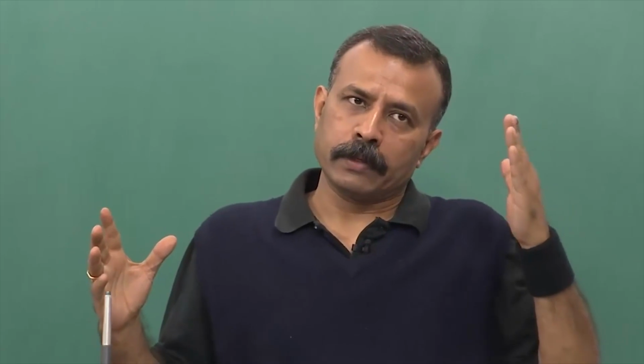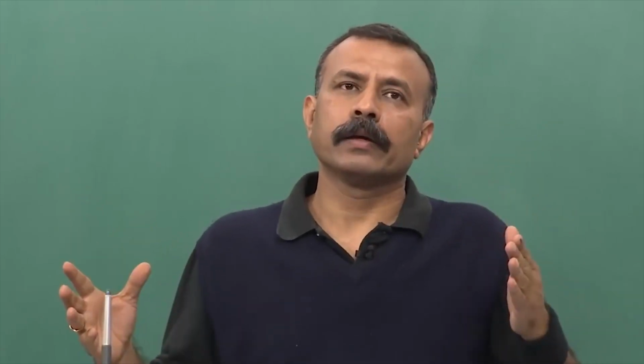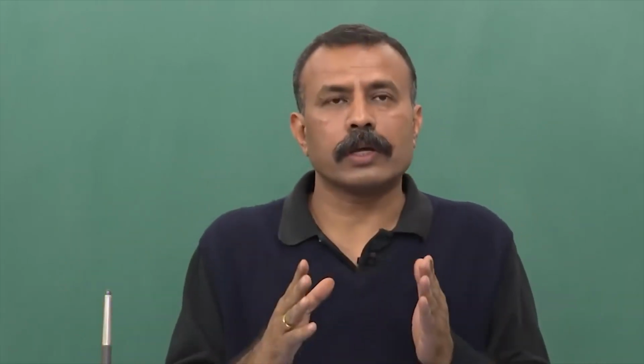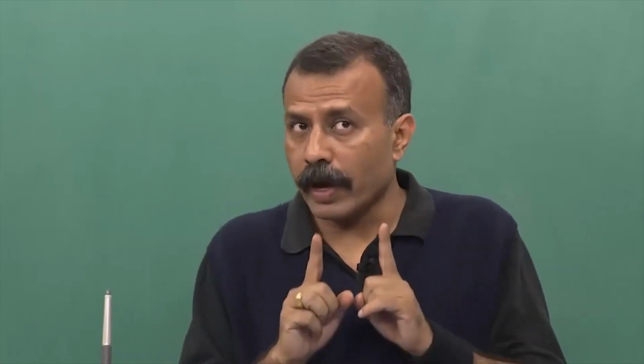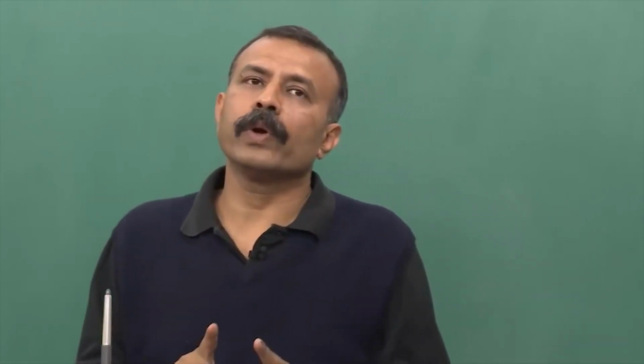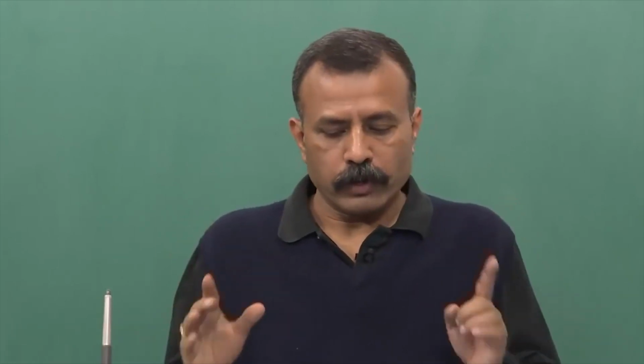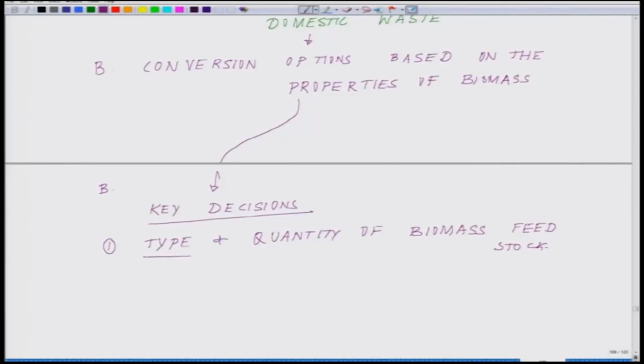So, the whole planning of supply and demand and the conversion cost has to be worked out very right before we embark into any form of conversion technology which are available or which are at our disposal. So, that is why this particular point, first of all the type of the biomass and the quantity of the biomass feedstock is very, very important.